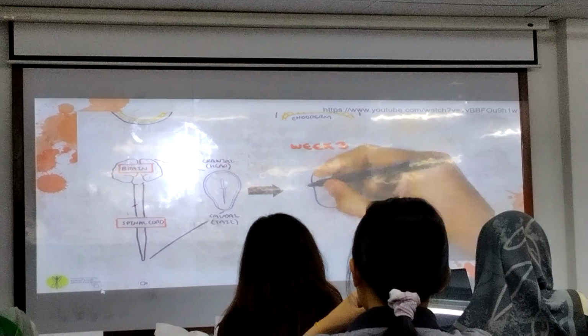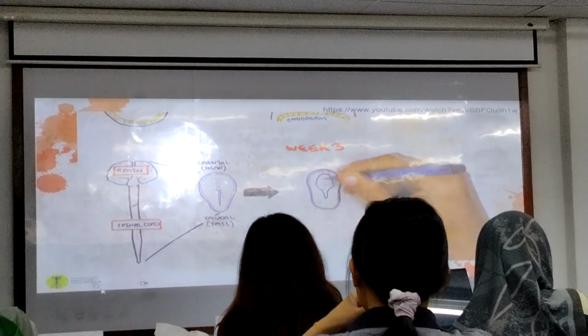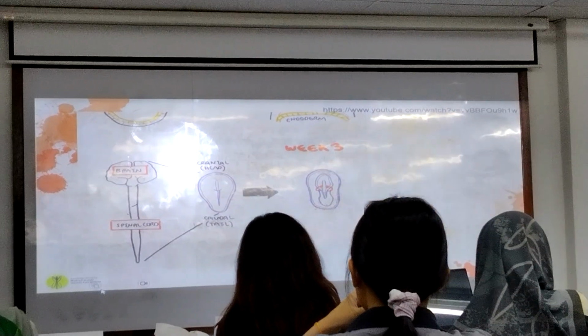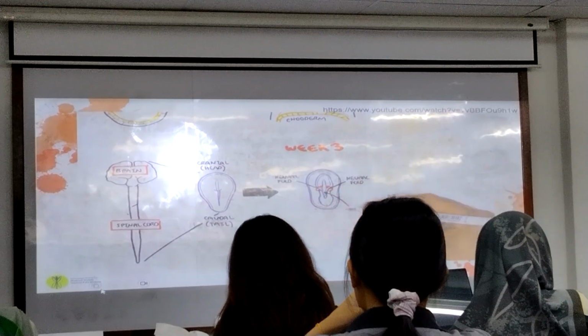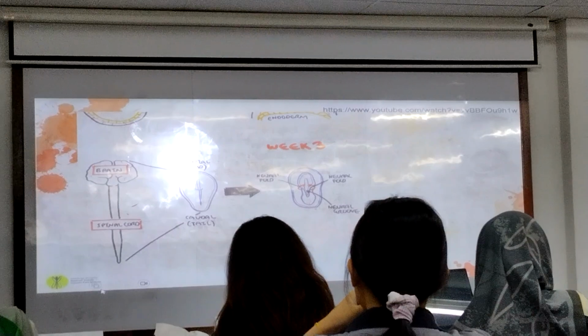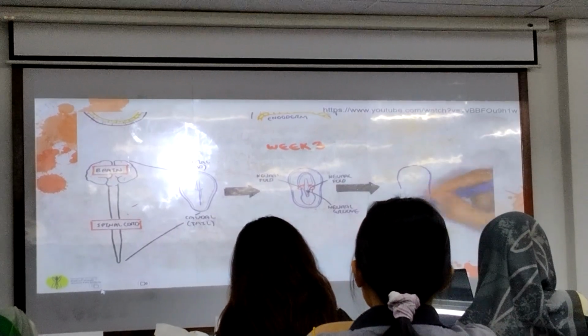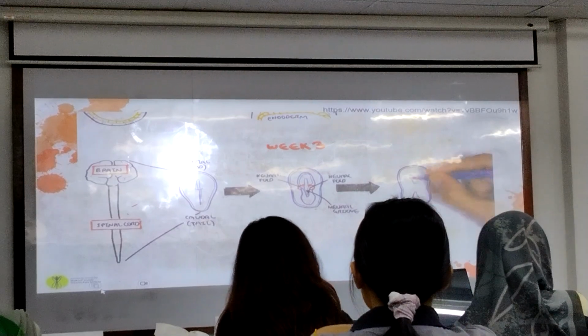Remember, at week 3, the neural plate gives rise to the neural fold at either end, forming the depression in the midline called the neural groove. Eventually, the neural folds will approach each other and fuse, thus converting the neural plate essentially into the neural tube.